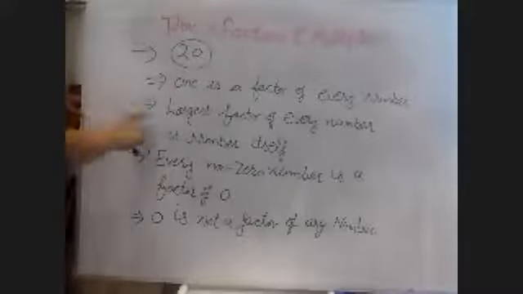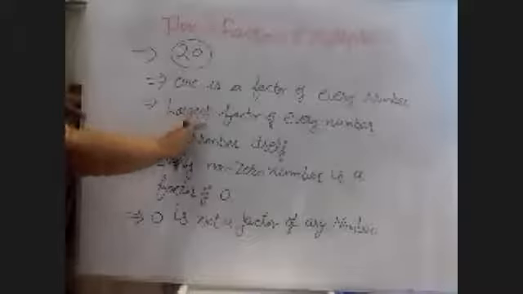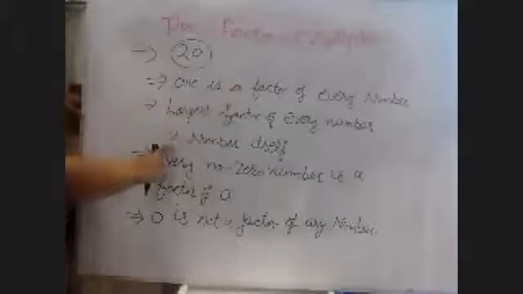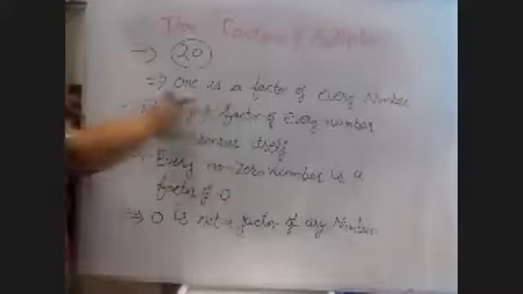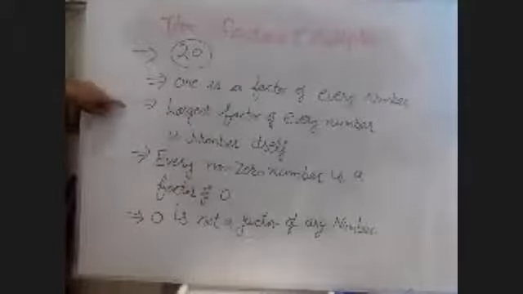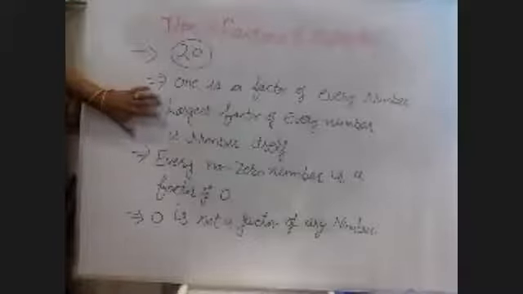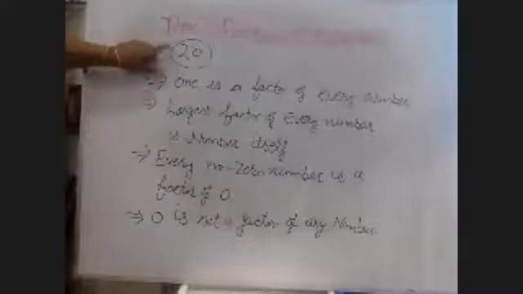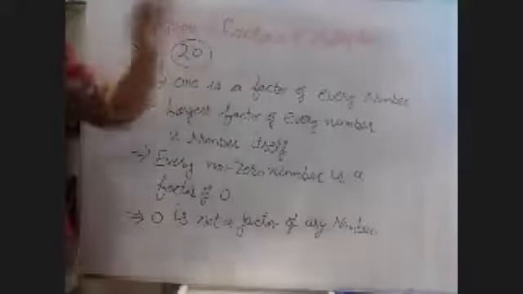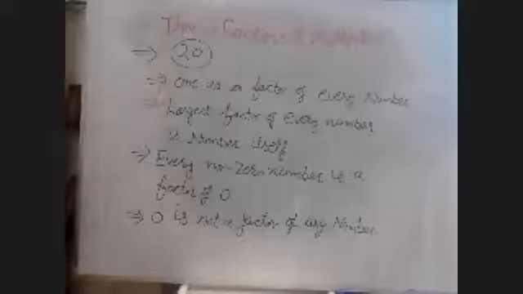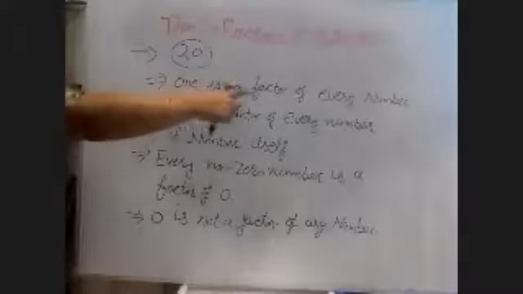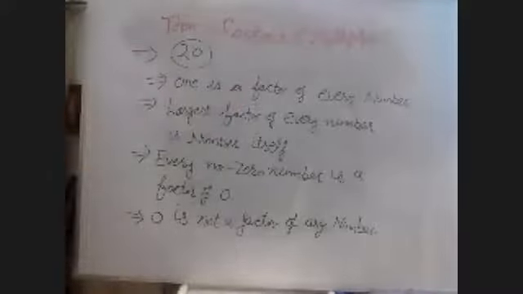Clear, students? Second, the largest factor of every number is the number itself. If we are finding all factors of 20, then 20 is the largest and last factor of 20.